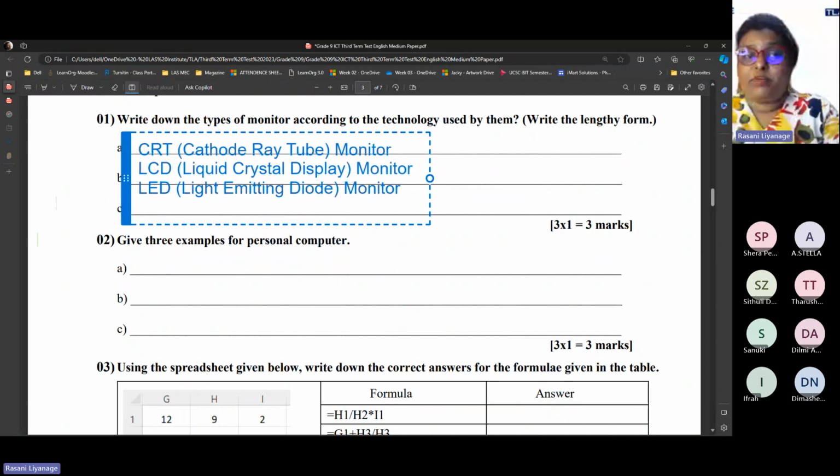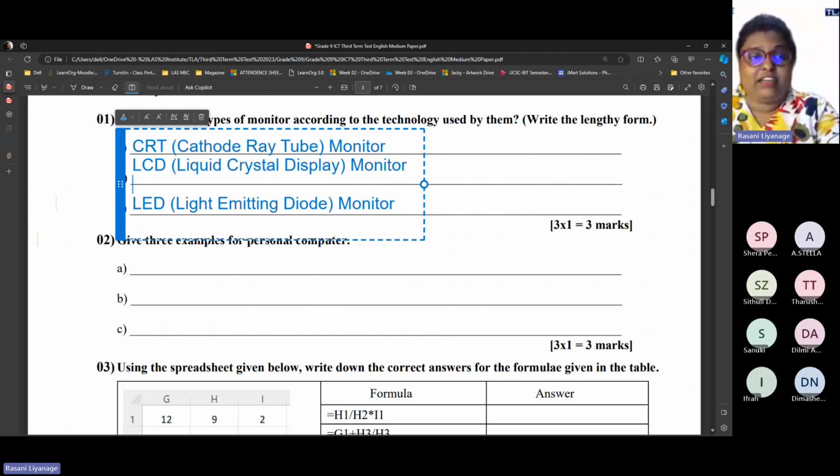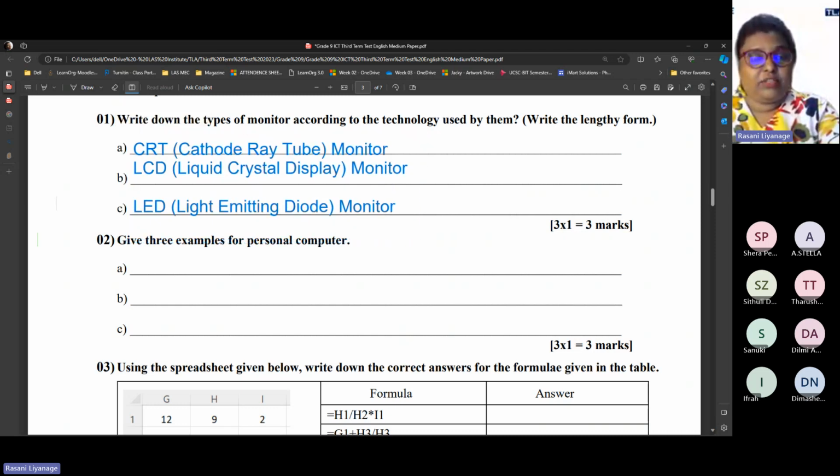Remember, this is a common question. Especially boys do this, they write lazily. You only write the short form and key. You just write CRT alone. Okay? No, make sure you write the full thing.